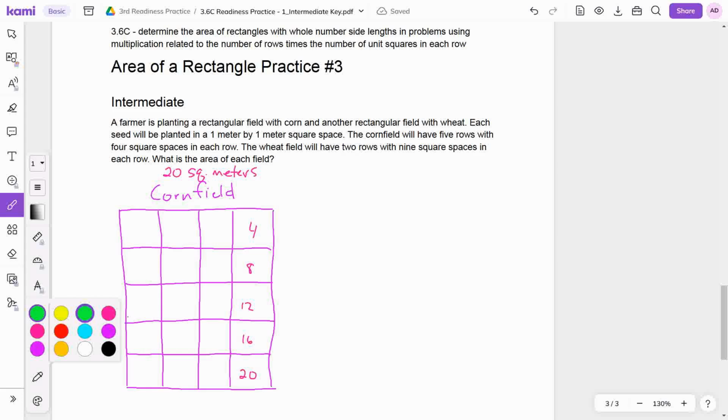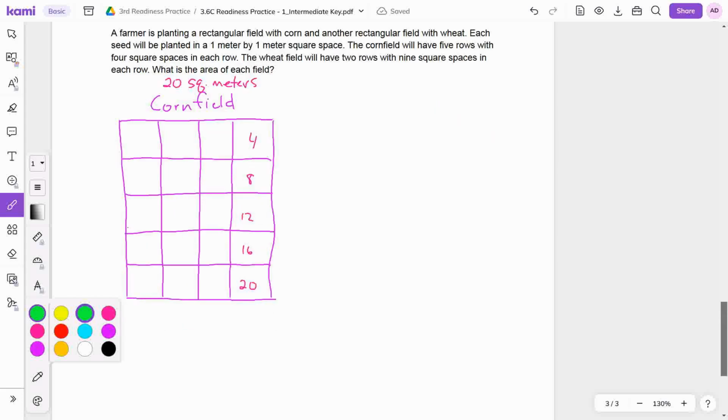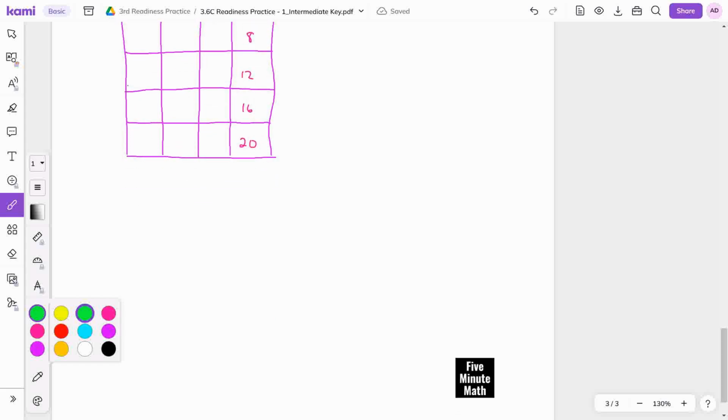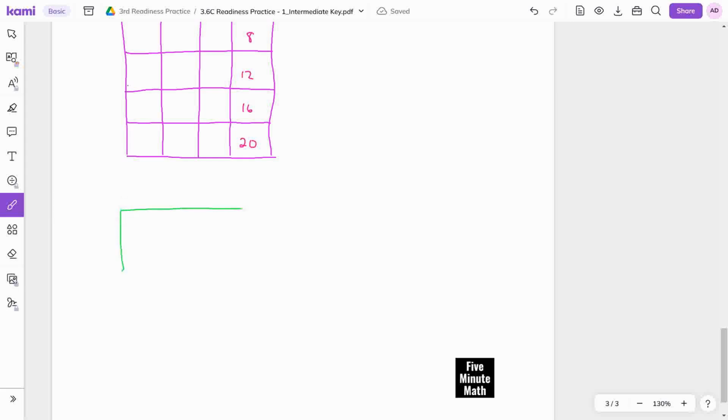This is my wheat field, 2 rows. Wow, but 9 square spaces. Okay, so I'm going to put that down here so I have a little bit of room because there's only 2 rows, but it's going to be pretty long. All right, so the 2 rows are pretty easy.